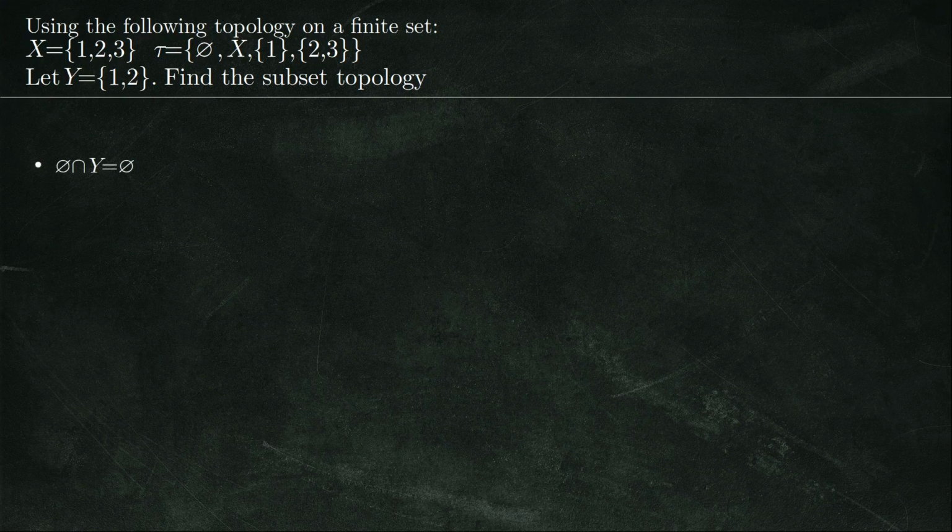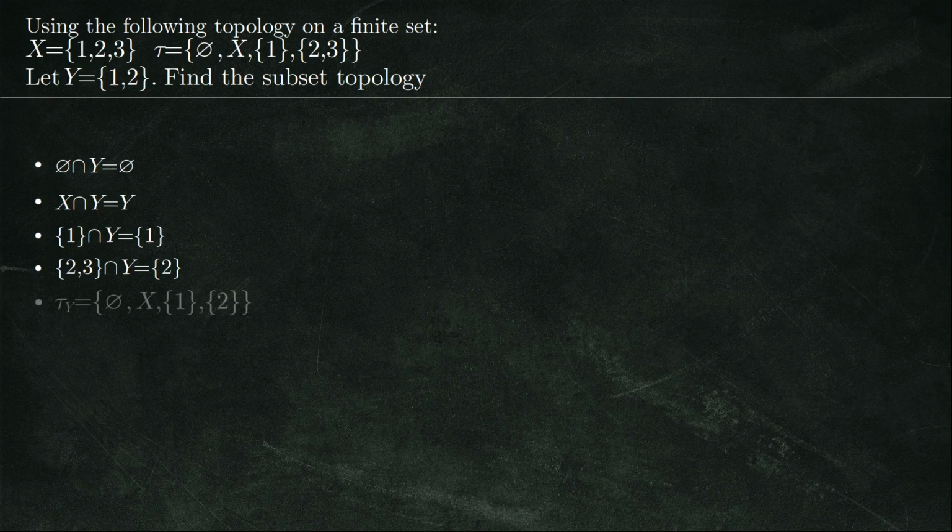So here, the empty set intersect Y is the empty set, X intersect Y is Y, {1} intersect Y is {1}, and {2, 3} intersect Y is {2}. So we've intersected all the open sets with Y. All of these outcomes are going to be in the topology. So the subspace topology is given here.